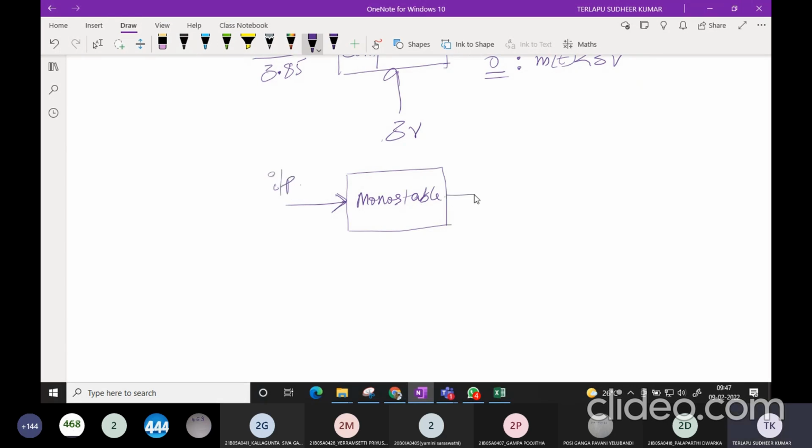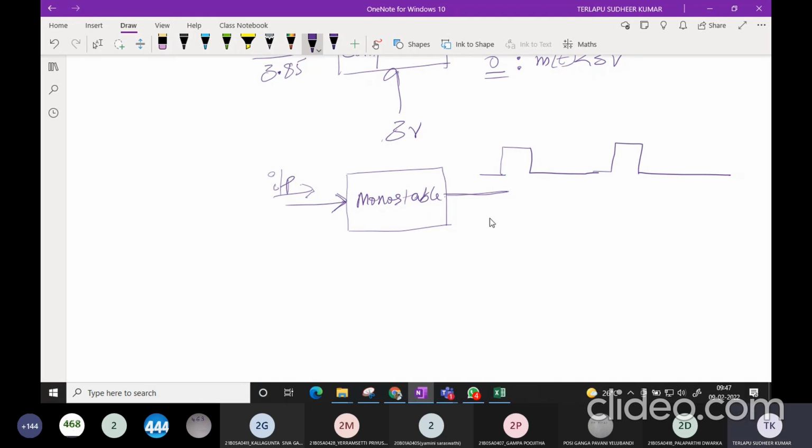Then the output of the monostable multi will become active high for a certain duration of time, and again get back to active low. Again, if I trigger with the input signal, then it will become active high for a certain duration of time, and again get back to 0.